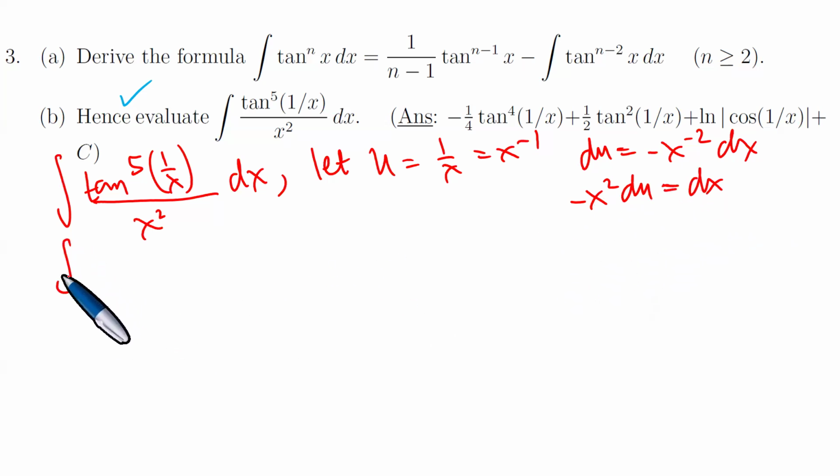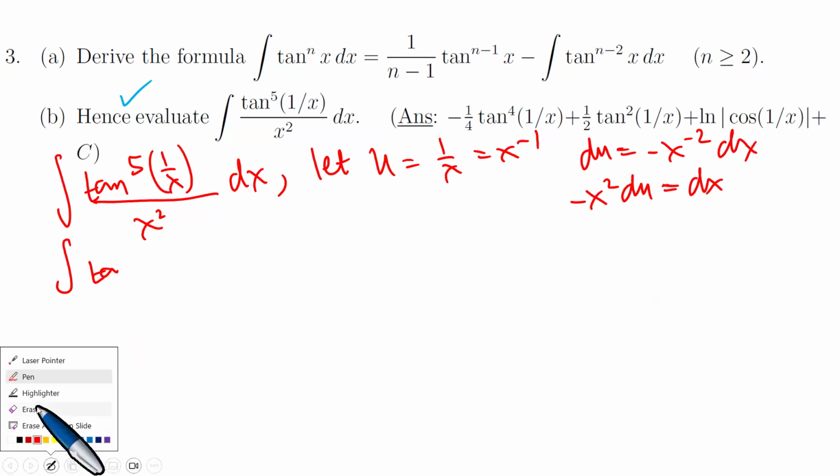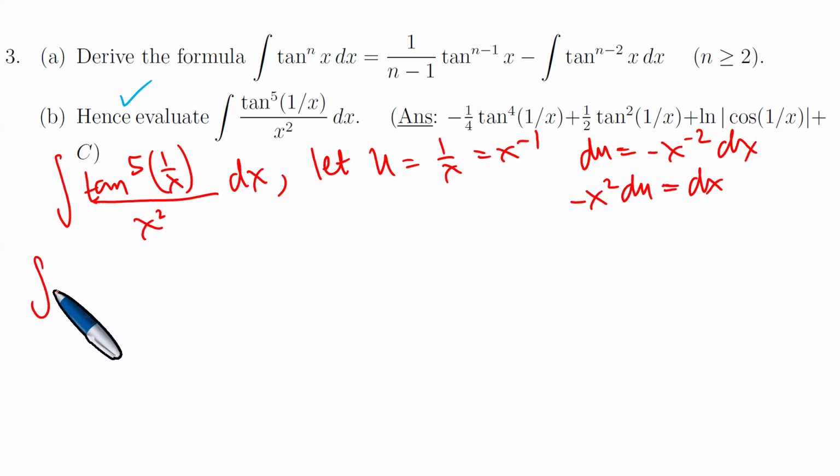Now come here and say the tangent to the fifth power. Here you have the tangent to the fifth power, then here you have u, and then divided by exactly x squared, but the dx is minus x squared du.